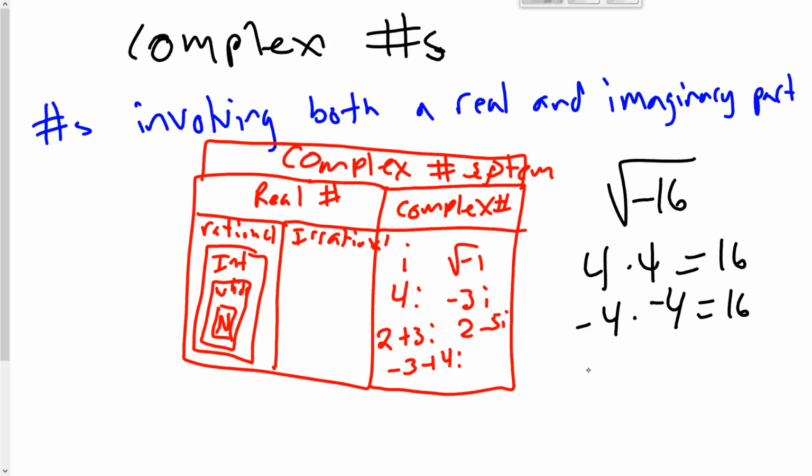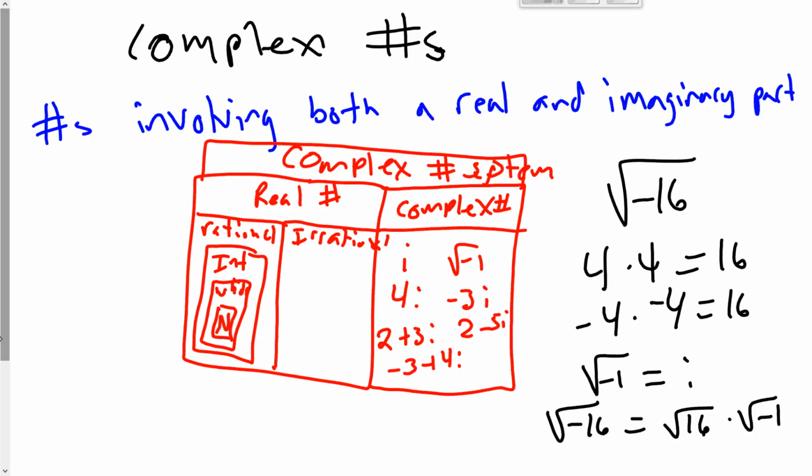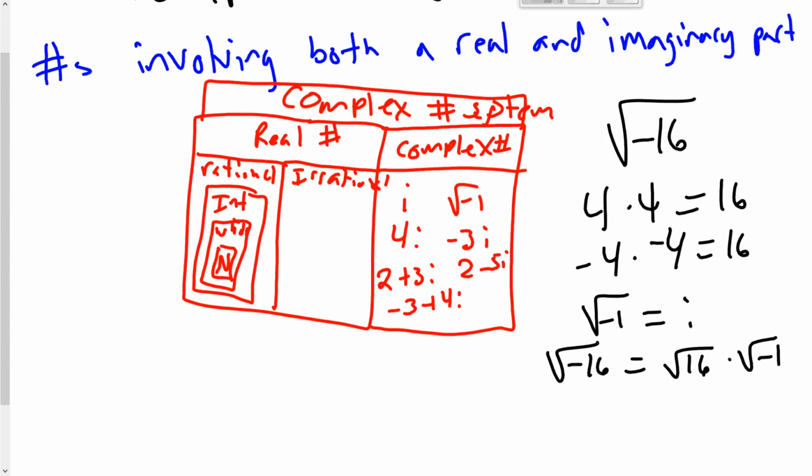So if we let square root of -1 equal i, then I can separate square root of -16 into the square root of 16 times the square root of -1. Now I can solve the square root of normal 16, which is plus or minus 4. And then for square root of -1, they just let it stand for a letter.